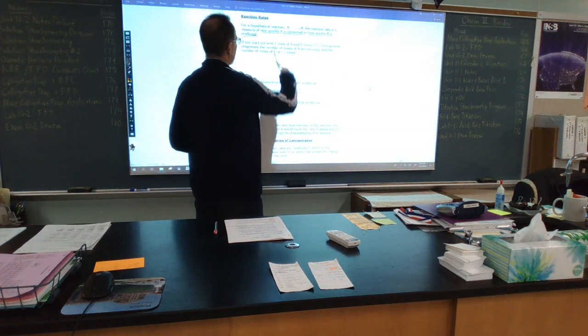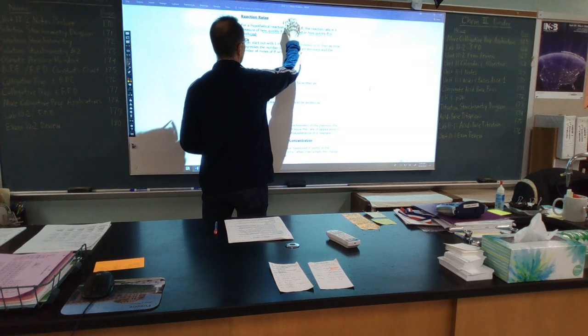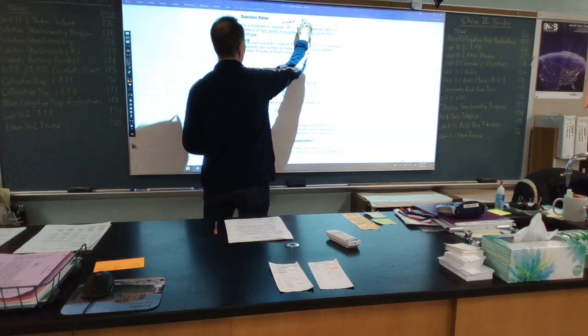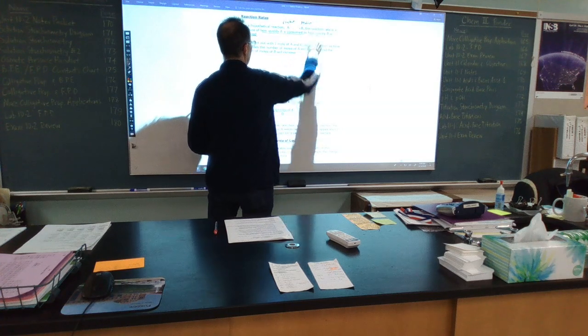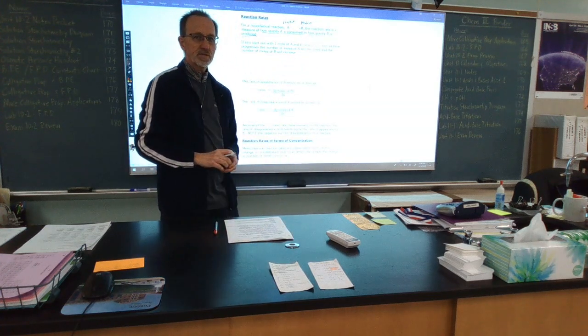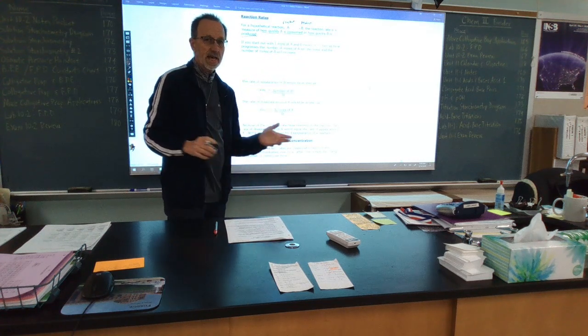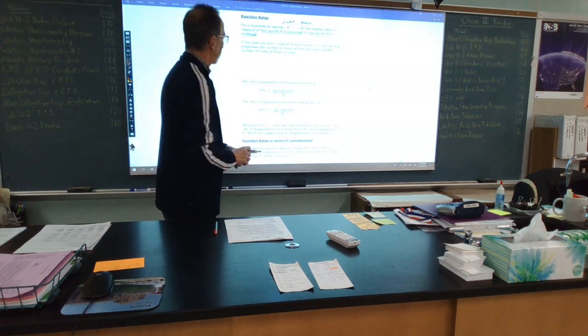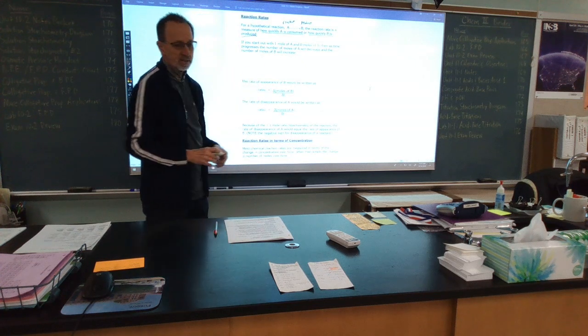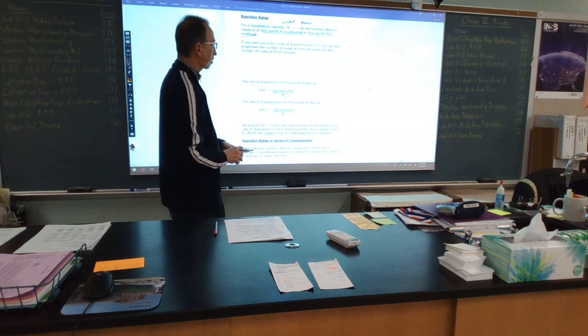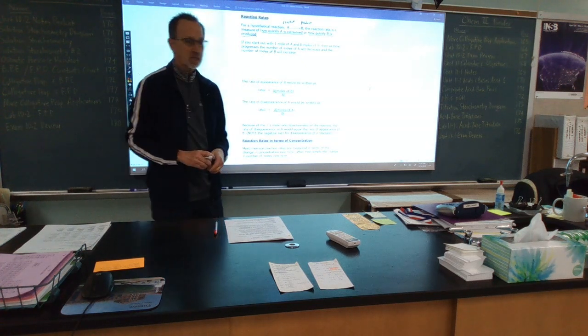So A is the reactant and B is the product. You could determine the rate of this reaction by how quickly A is consumed or how quickly B is formed. So let's start out with moles of A and moles of B initially.